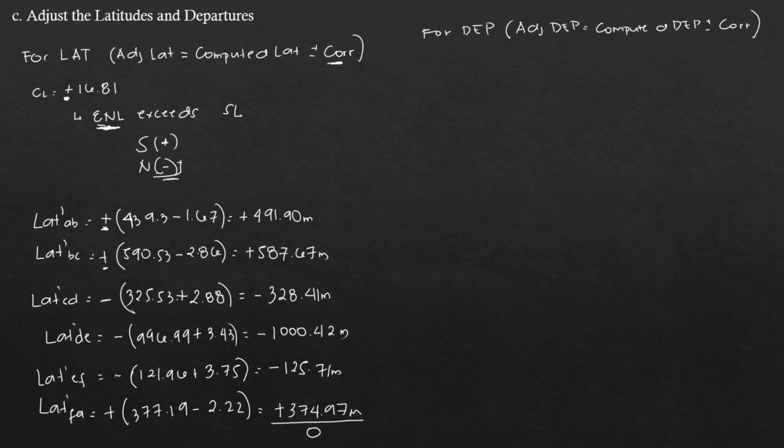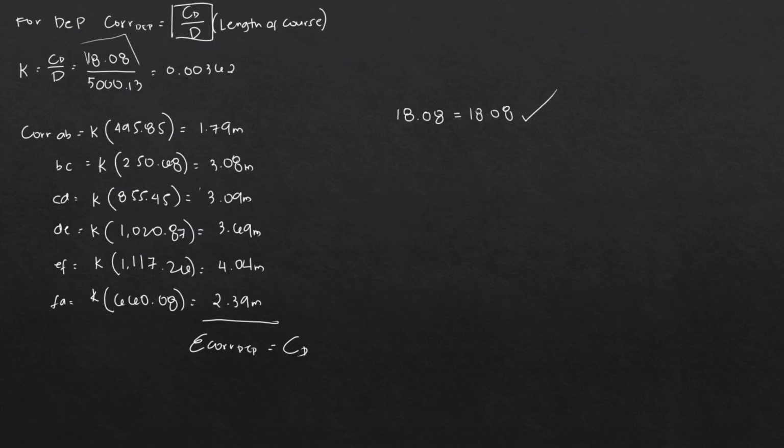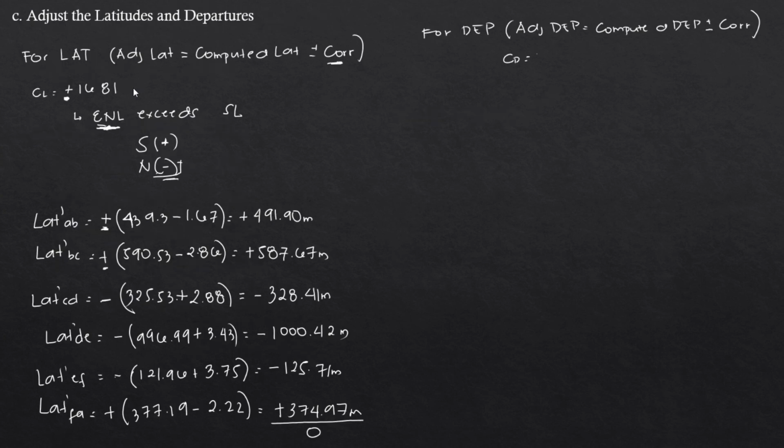Ngayon, ito naman, paano natin malalaman kung plus or minus? So, sa CD. Yung CD natin, ilan yung CD? Ito. CD natin is positive 18.08. Ibig sabihin, positive siya, mas malaki yung east. Diba? So, yung summation ng east departure natin exceeds na summation ng west departure.